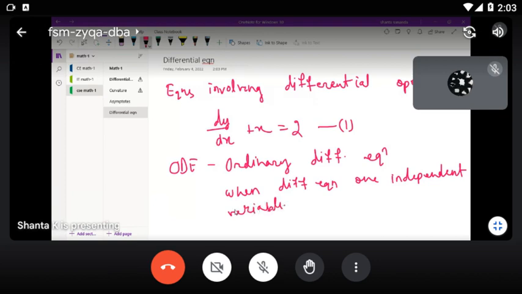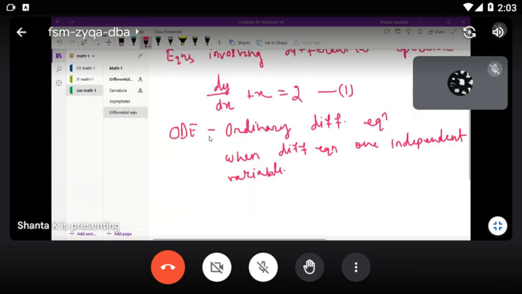If it is more than one, we have the partial differential equation. And in our course, we will only be talking about ordinary differential equations.